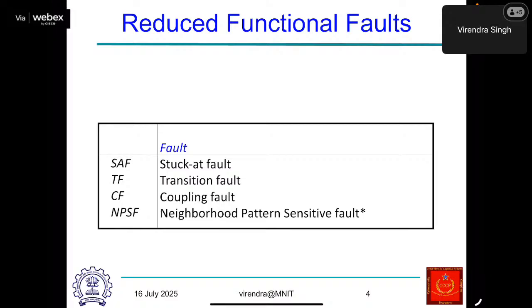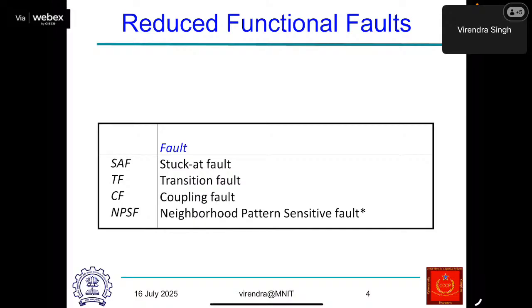Simplistically we are assuming that one cell can be coupled with one other cell, but this can be generalized. One cell can be coupled with any number of cells, maybe two cells, four cells, eight cells, and so on and so forth.